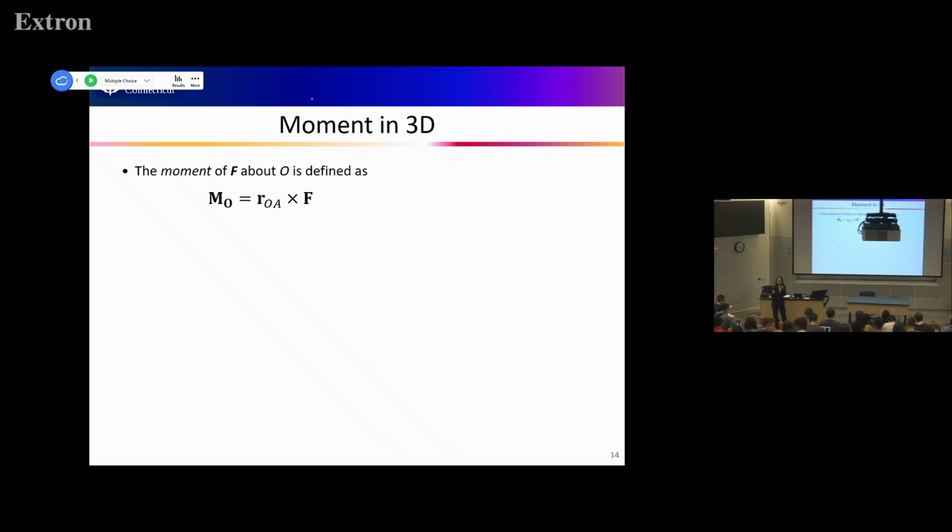So M sub O, that is a vector too. That is r cross F, where r is the position vector and F is force. F, you know everything, right? But r is the first time, a new concept. So let's talk about this.